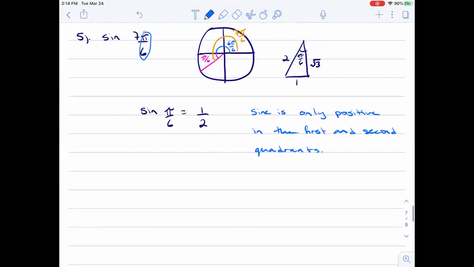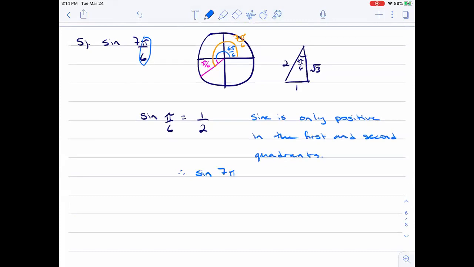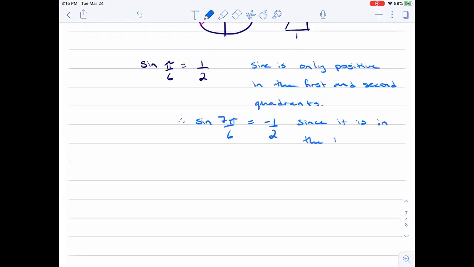And so here, I'm in the third quadrant. Therefore, sine of 7 pi over 6 must be negative 1/2, since it is in the third quadrant.